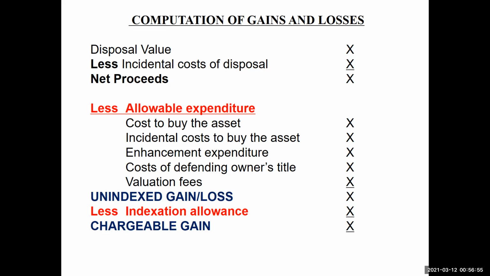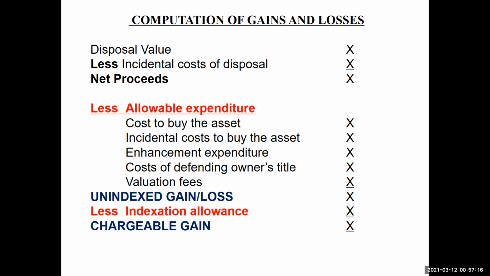Any cost of defending the owner's title, assuming it's a landed property and there are some litigation issues. And if there are any valuation fees, we subtract all these as allowable expenditure. Whatever we get after we subtract this allowable expenditure from the net proceeds is what we term the unindexed gain or unindexed loss.